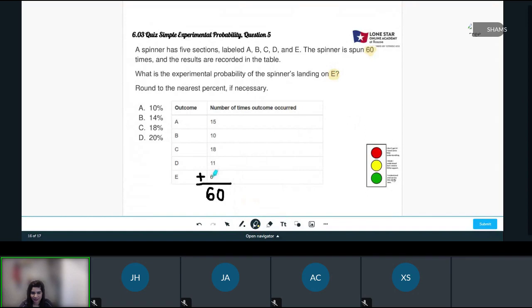And that happened 6 times, right? So 6 out of 60. If you want to reduce it by 6, it is going to be 1/10.